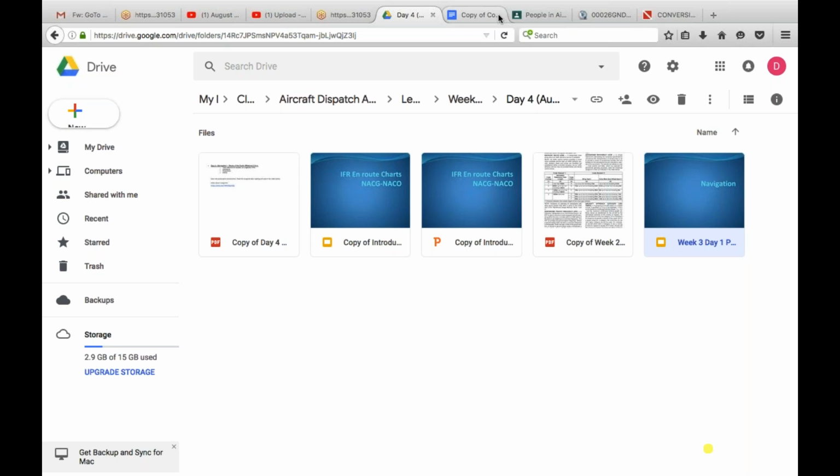Enough to fly to the destination, then to the furthest alternate, then 45 minutes at normal cruise speed. So our burn is enough to fly to the destination. Our alternate is to fly to our furthest alternate, and our reserve is to fly for 45 minutes at normal cruise speed.